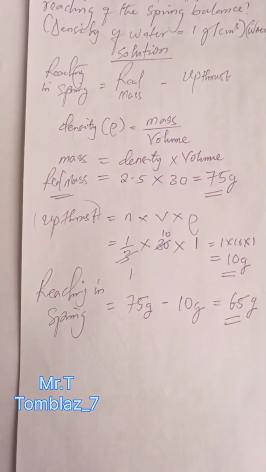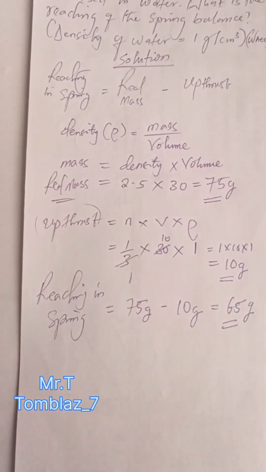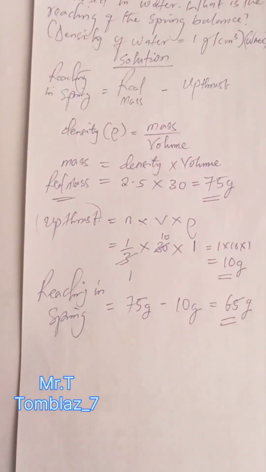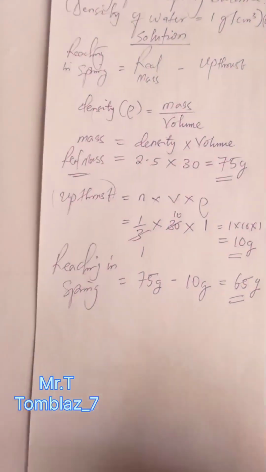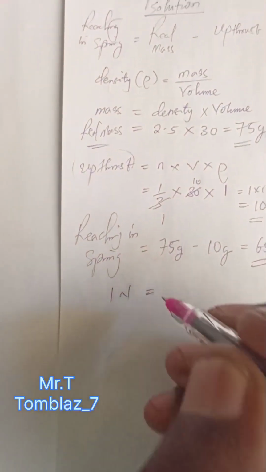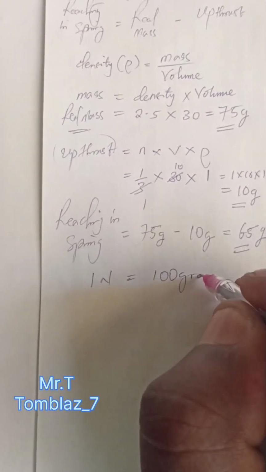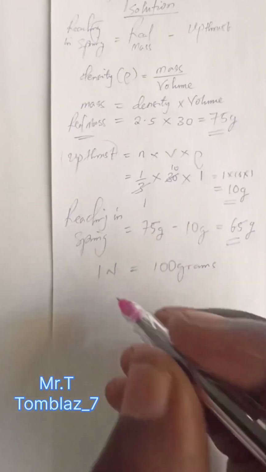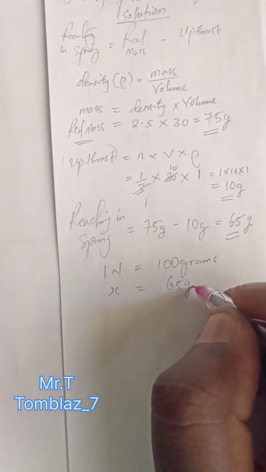So let's do the conversion now. 65 grams, what is it going to give us as the value in Newtons? If 1 Newton is equal to 100 grams, so x Newtons will give us the 65 grams.